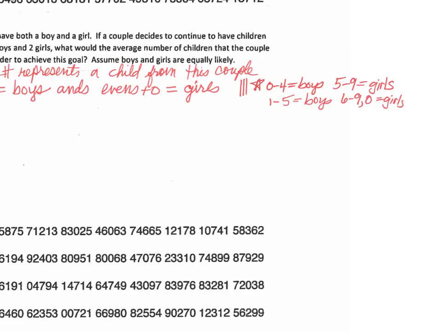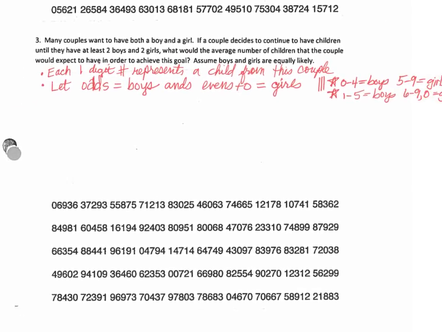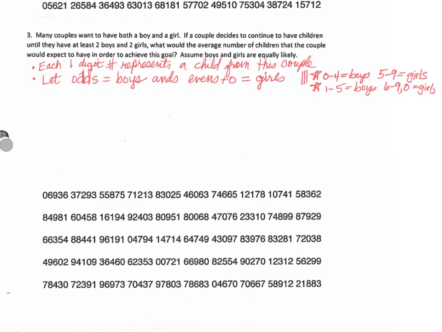Okay. So just for this experiment, let's have some people represent things different ways. I'm going to do odds and evens. Each digit represents a child, let the numbers be this. Use a random number table. Let's have some people use the random number table above and some people use the random number table below.